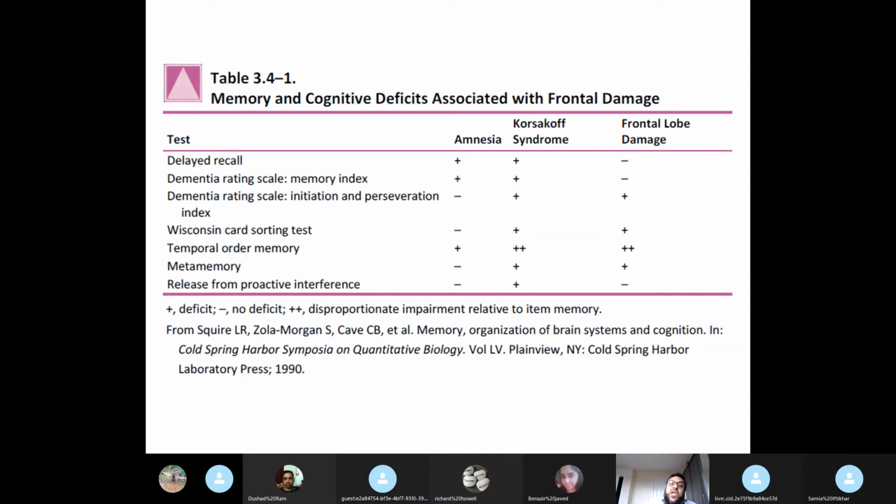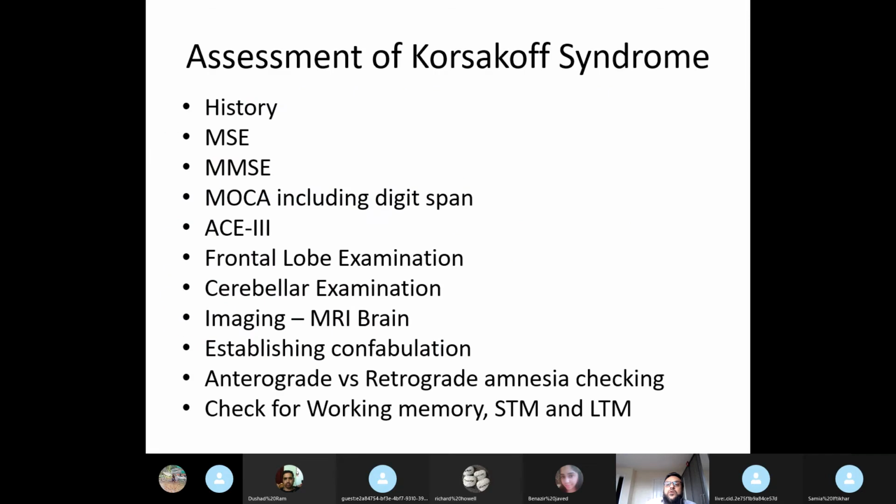And yes, it may progress to alcohol-related dementia in future, especially if you see the vascular changes, lacunar infarcts, or if you see the cerebral atrophy, then the patient is at higher risk of developing alcohol-related dementia.